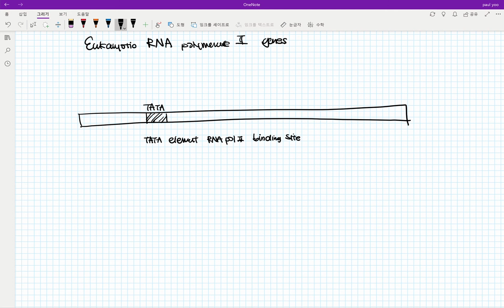And then it is usually located at the -25 site.